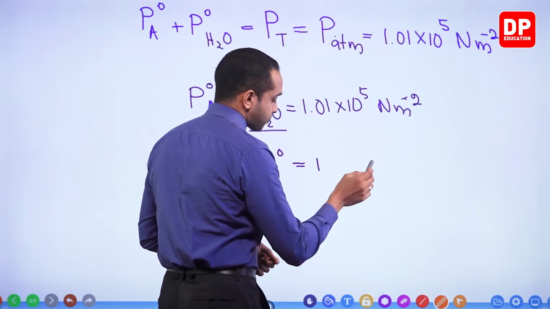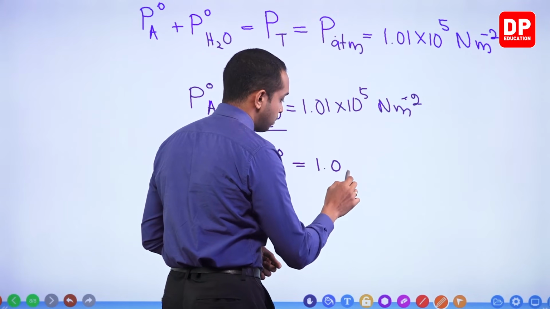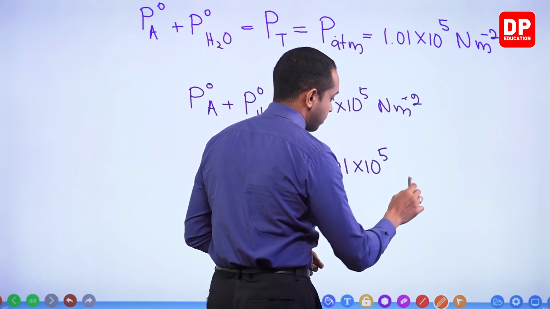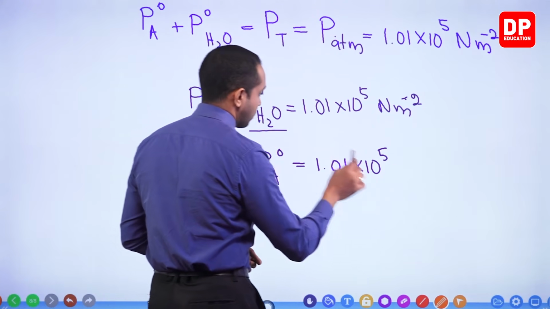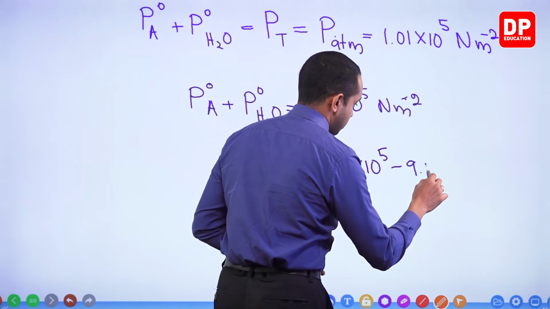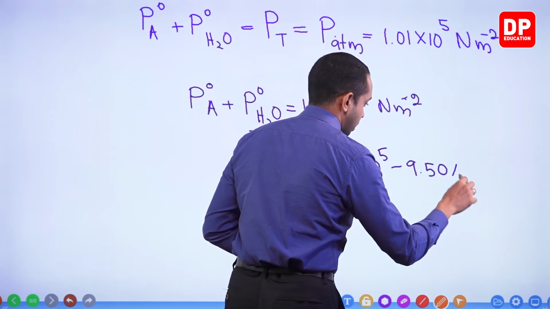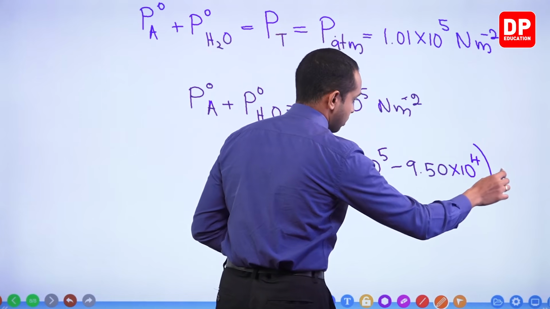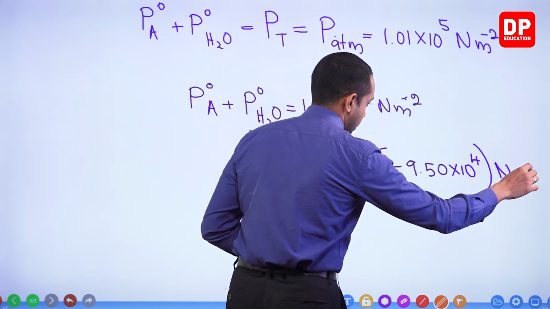So we can write here 1.01 multiplied by 10 to the power 5 minus 9.50 into 10 to the power 4. Both of them are given in the same unit, Nm minus 2.